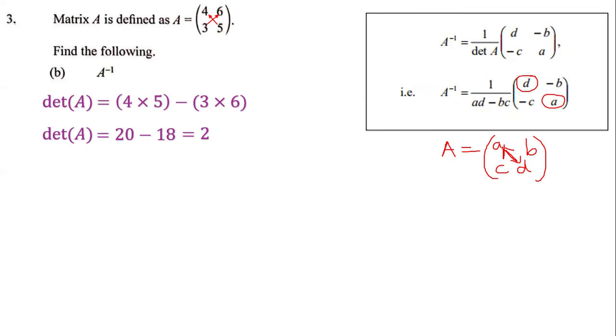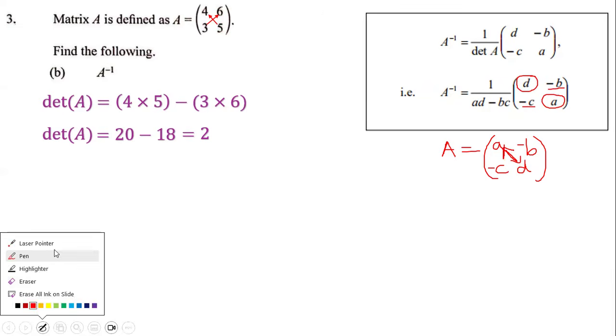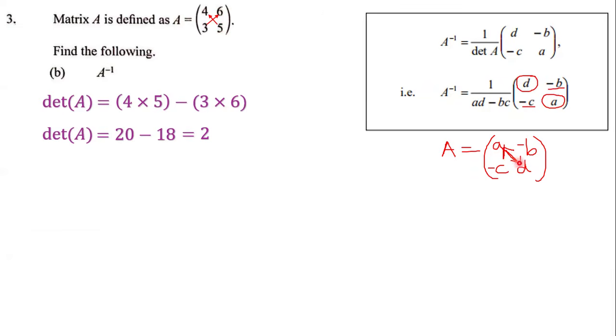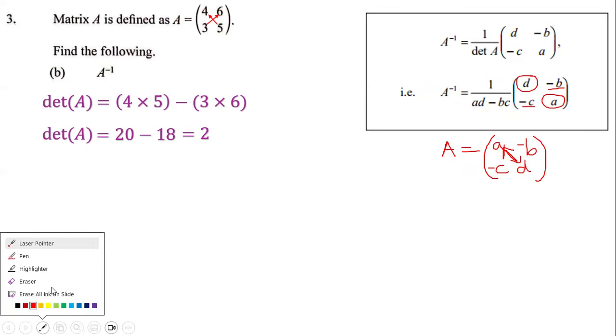And then we negate C, and we negate B. And that's how we figure out the adjoint. So we switch A and D, then we negate C and B, okay? And so that's what we do.